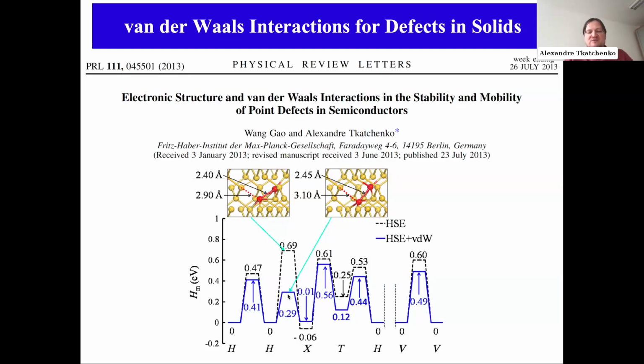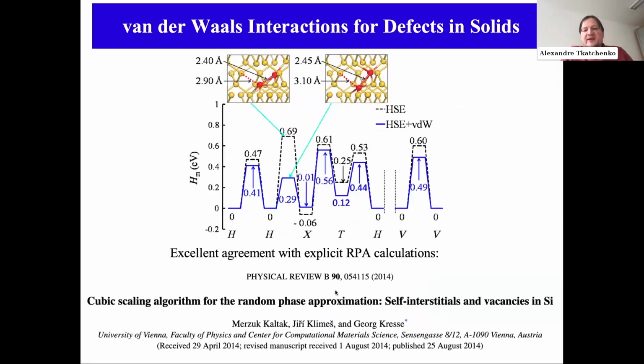And this modification of the barrier actually comes from two coupled effects. One is the modification of the geometry of your system in the presence of the defect. And the second one is that the geometry of the transition state is also modified quite a bit. And so this is actually quite a surprise, and our results agree much better with the experiment, and were later actually confirmed in explicit random phase approximation calculations by the Kresse group.